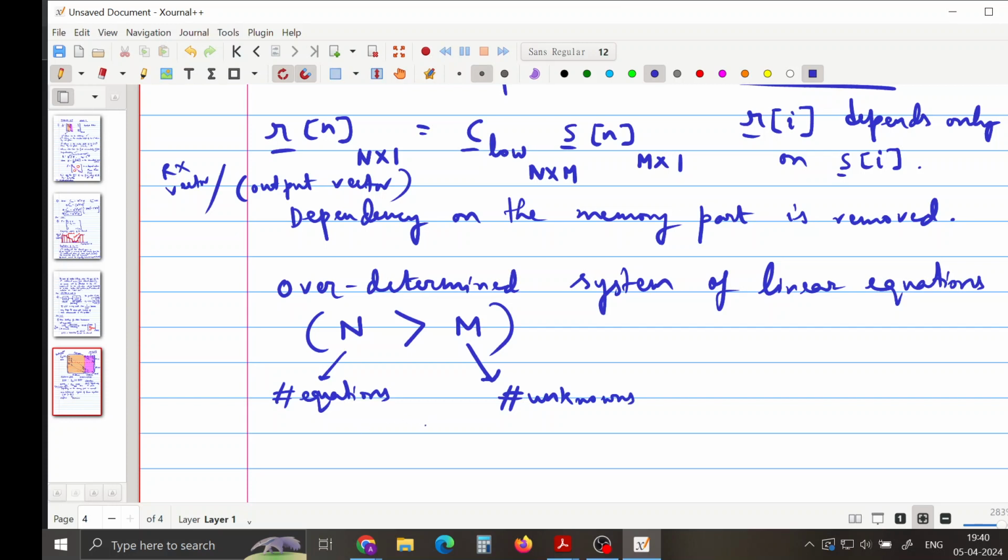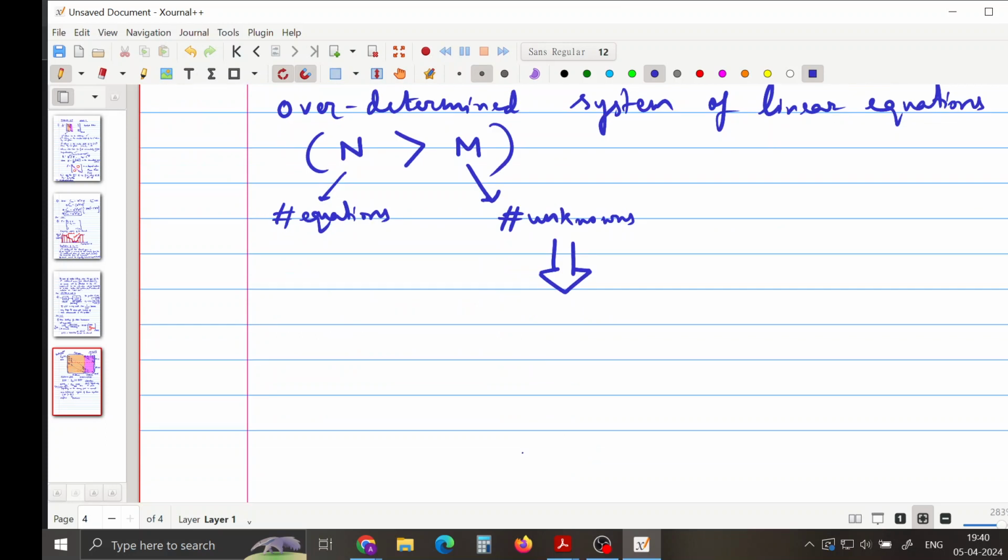So this can be solved using pseudo inverse.